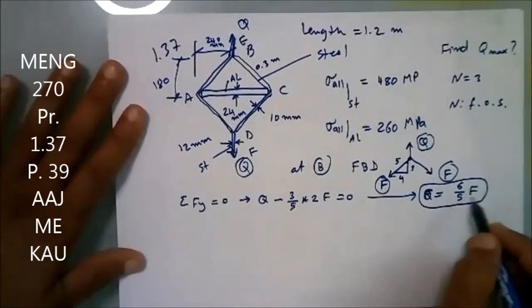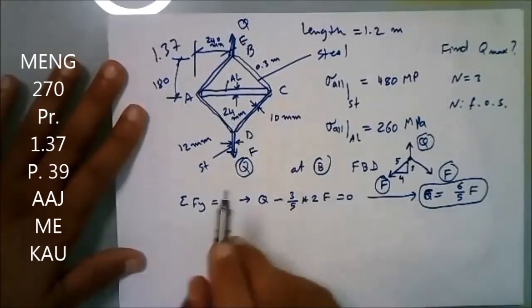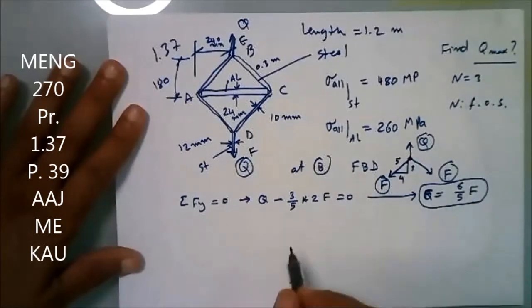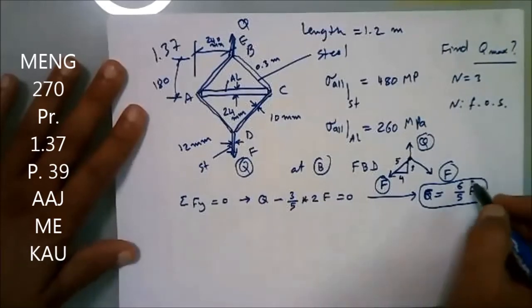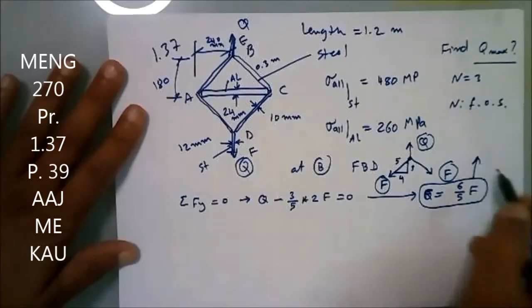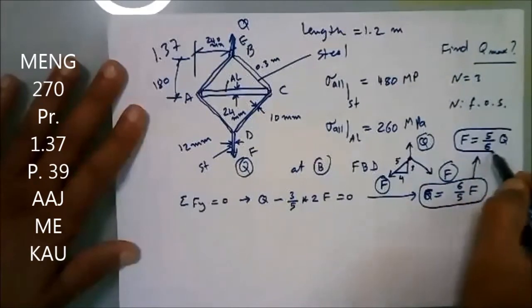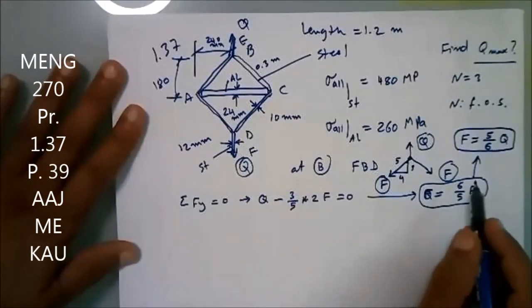Okay, but we are not interested in writing Q in terms of force, we are interested in the opposite, because what is needed is Q. So let's write everything in terms of Q. So what would be the force written in terms of Q? Can someone tell me? Force is equal to what, Shabab? 5/6. The opposite, 5/6. So this is the first equation.